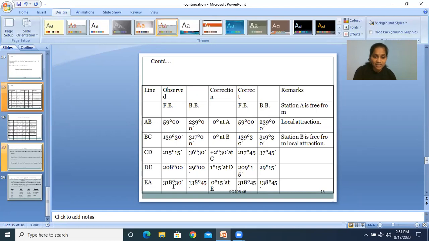For EA line, 318 degrees 30 minutes and 138 degrees 45 minutes are the observed forward and back bearings, and the correction at E is 0 degrees 15 minutes, and the correct bearings are 318 degrees 45 minutes and 138 degrees 45 minutes. So likewise, we have to enter all the observed bearings and corrected bearings in tabular form like this. Is it okay to you?